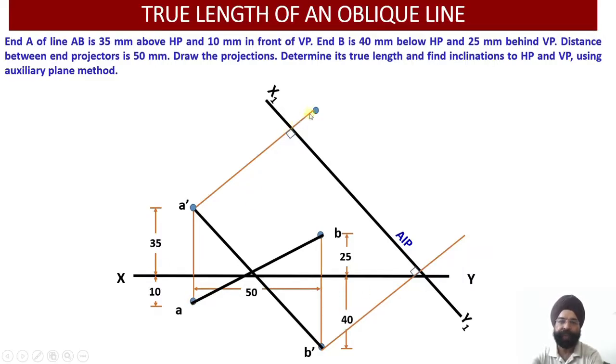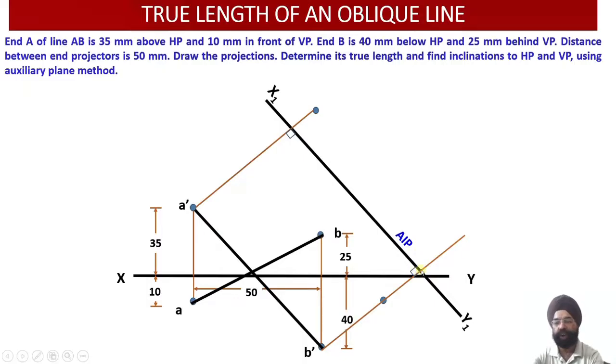So I am going to mark my end A1 10 millimeter ahead of the plane. But what about end B? End B lies 25 millimeter behind the vertical plane. This is in front of the vertical plane 10 millimeter, and B lies 25 mm behind the vertical plane. So behind the vertical plane means this is negative.